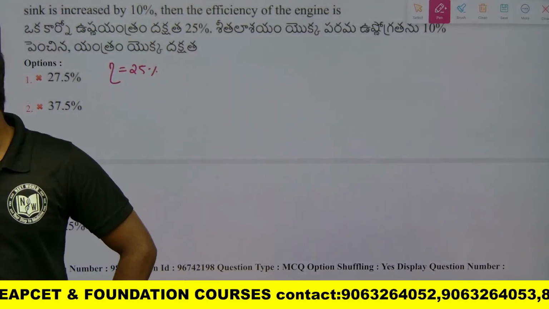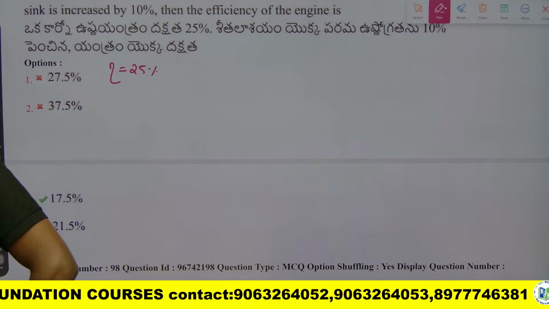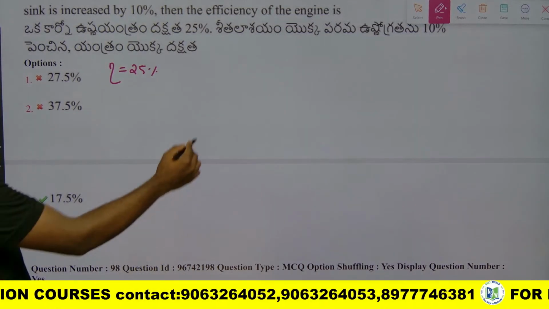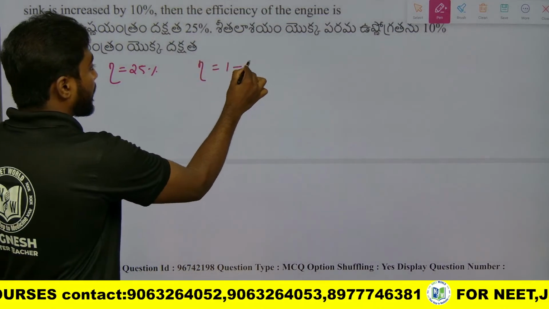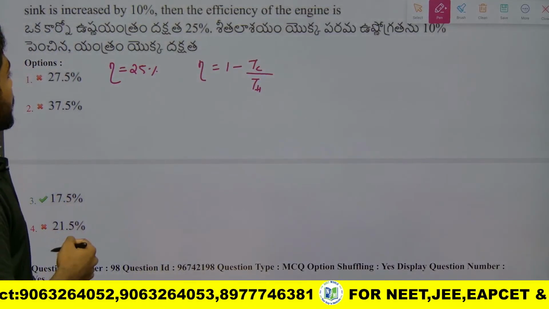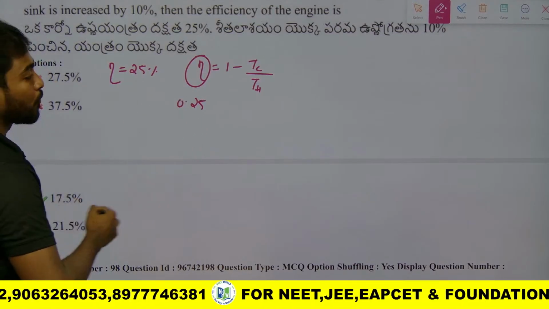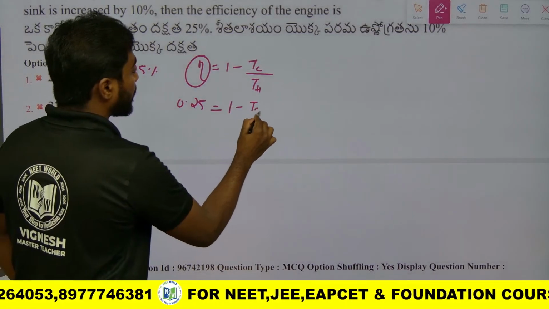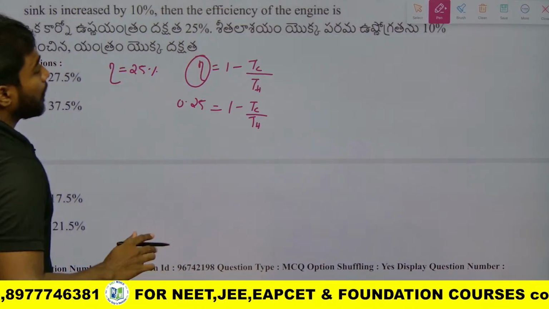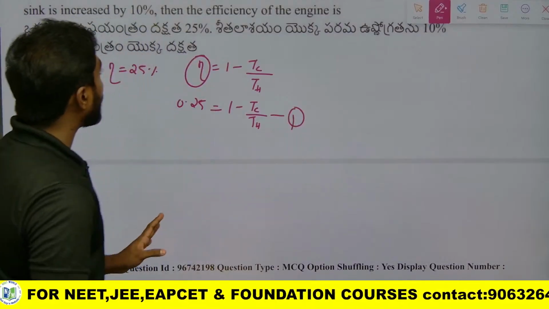We know the efficiency of the Carnot engine equals 1 minus Tc by Th. The efficiency given is 25%, that is 0.25, equals 1 minus Tc by Th. Now we know the equation. I'll keep this as equation number 1.